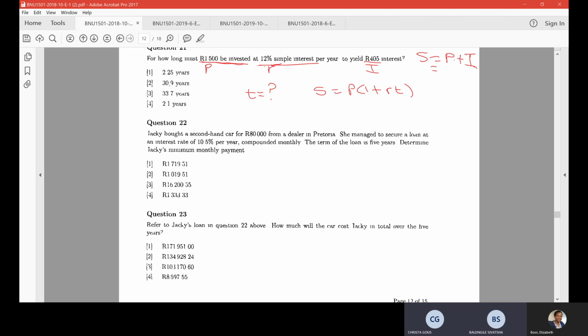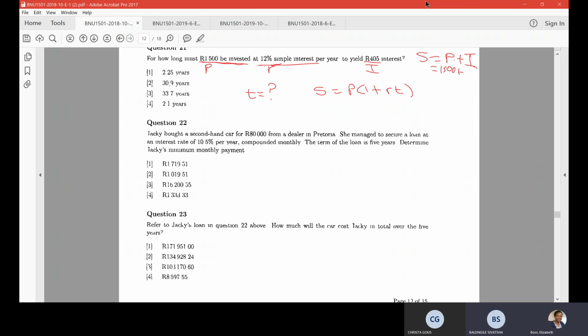The P is 1,500, plus our interest. Everything is here, I've written it out. Not the interest rate. The interest, I, is 0.12.